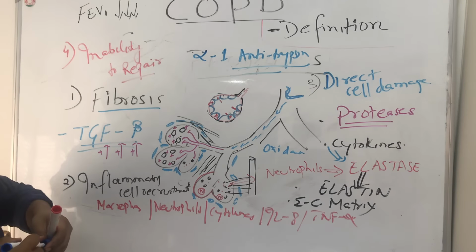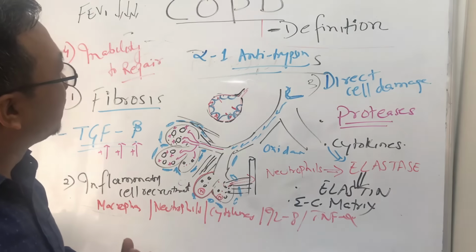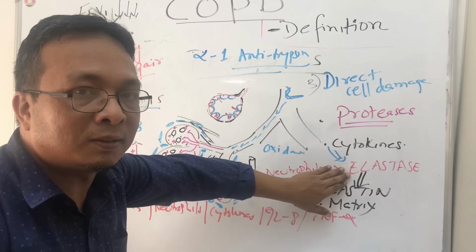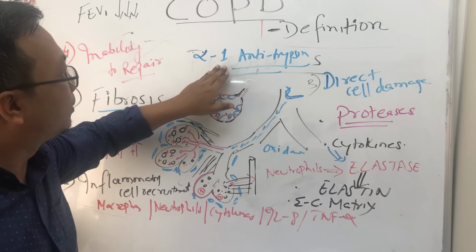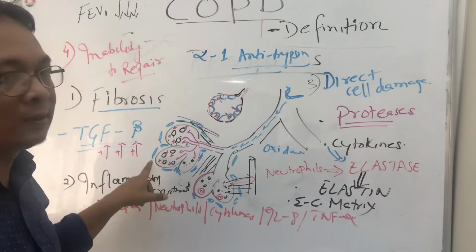So there is a balance here. Now in a long time progression of the disease, what happens? This balance is lost when there is more production of elastase in relation to the production of alpha 1 antitrypsin. Then what will happen? Then it will go for the COPD.